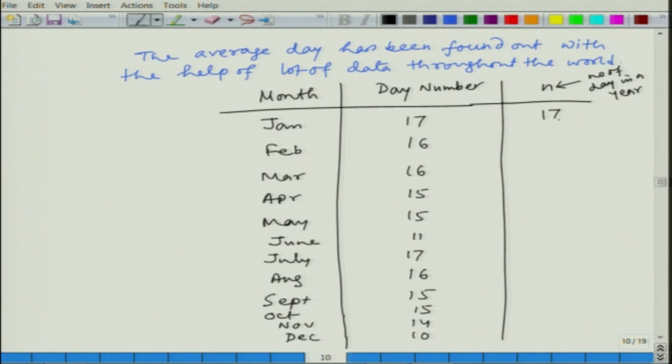For the others, let me write the days because this will be a quick reference for your computations.